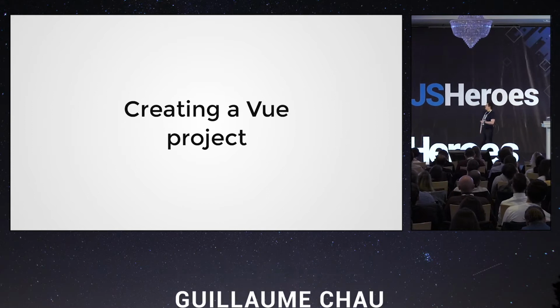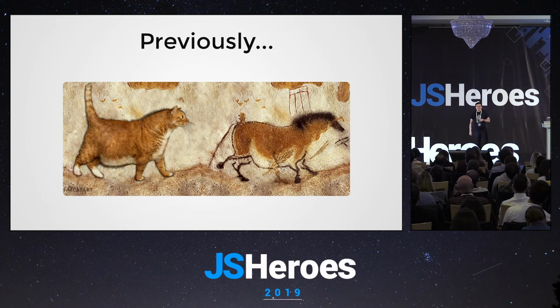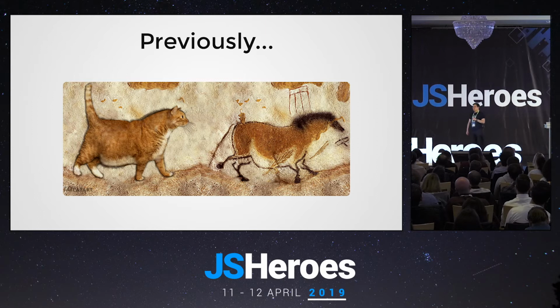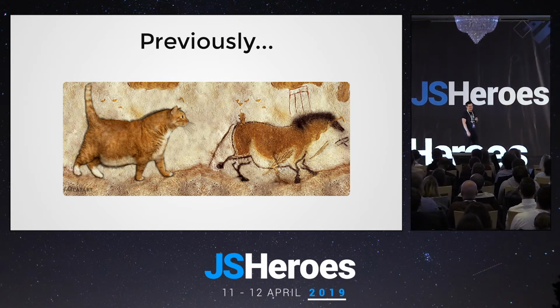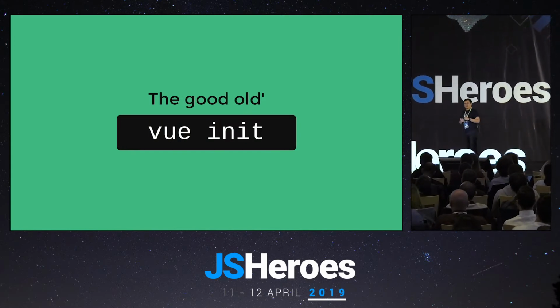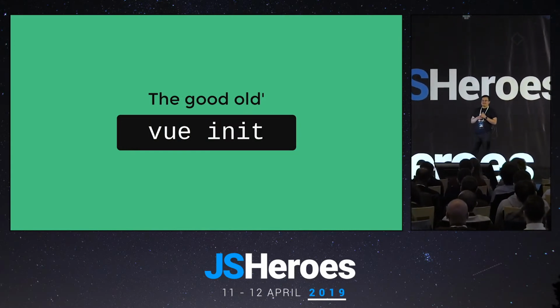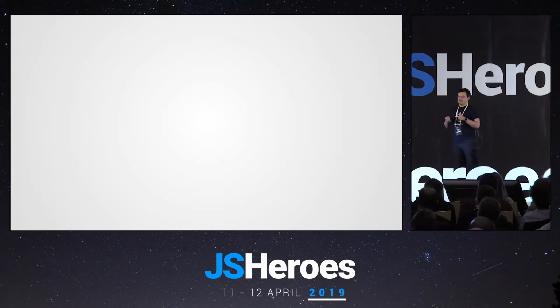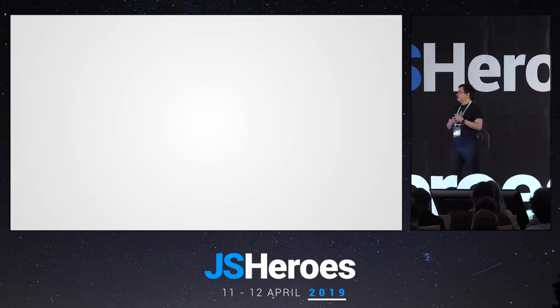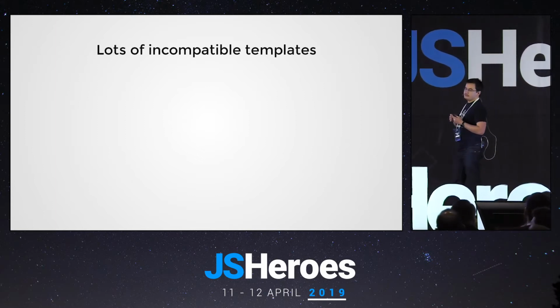Let's go back in history and take a look at what was happening previously in Vue CLI land. The previous way of using Vue CLI was this vue init command, for Vue CLI version 1 and 2. It was great, but it has a few problems.